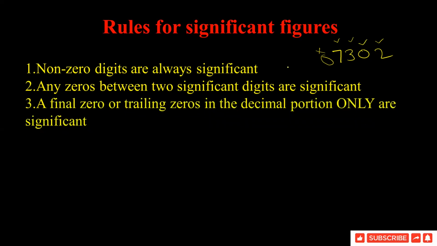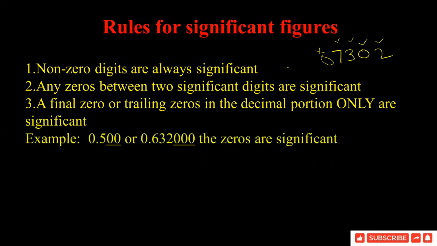Third one, a final 0 or trailing zeros in the decimal portion only are the significant figures. Now example, 0.500. You have these two zeros, or after this decimal, all these three zeros we can consider as the significant numbers.